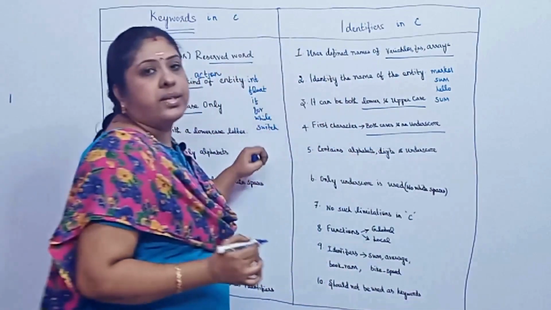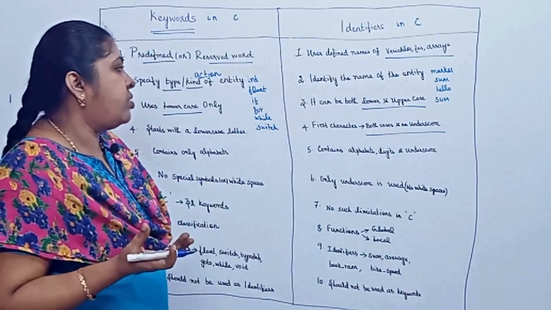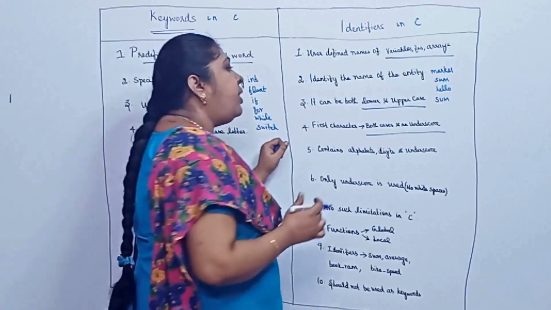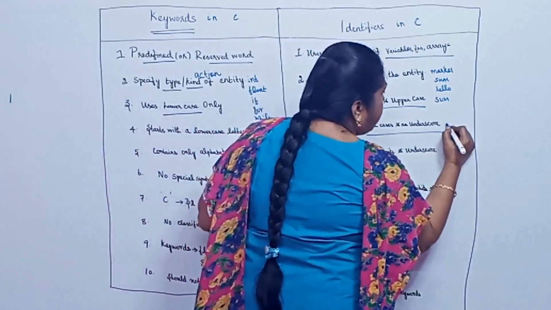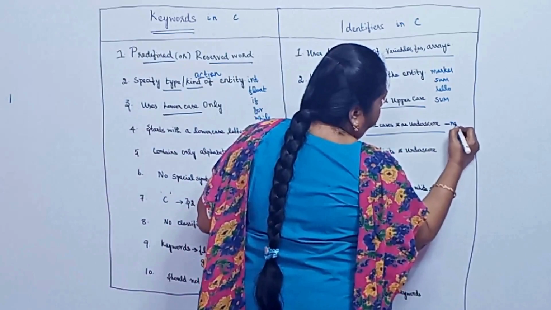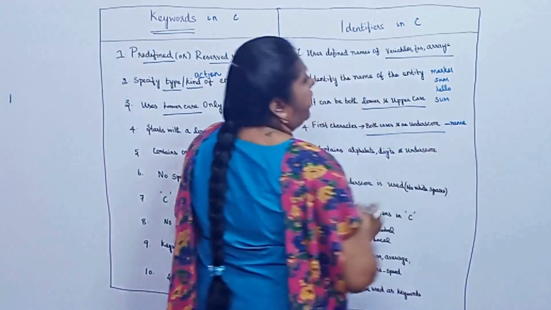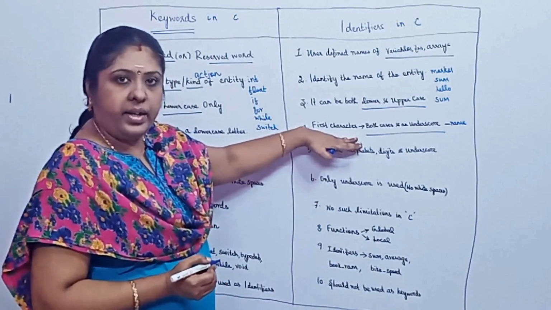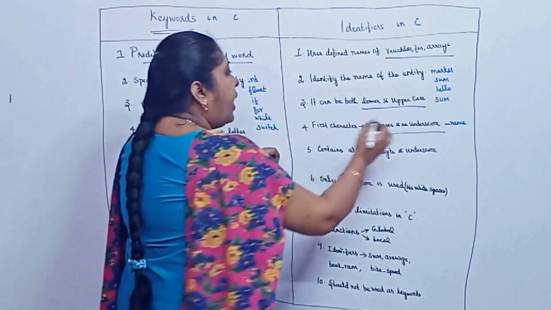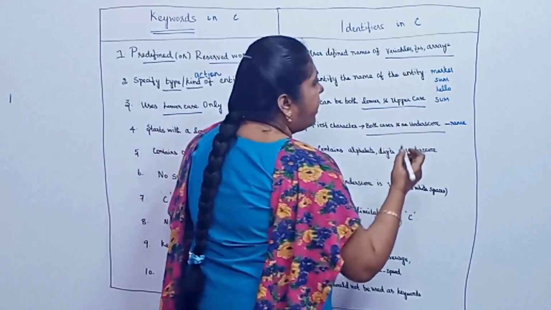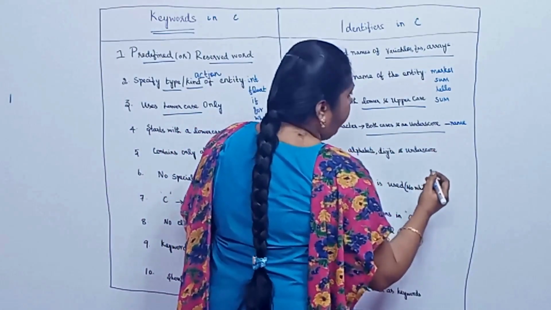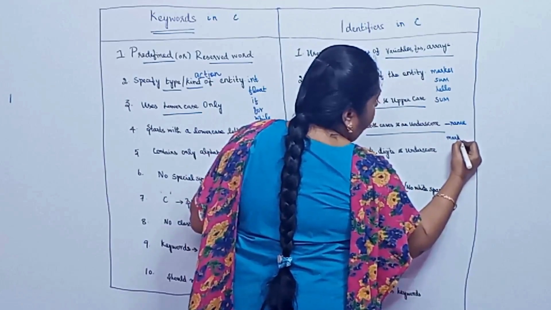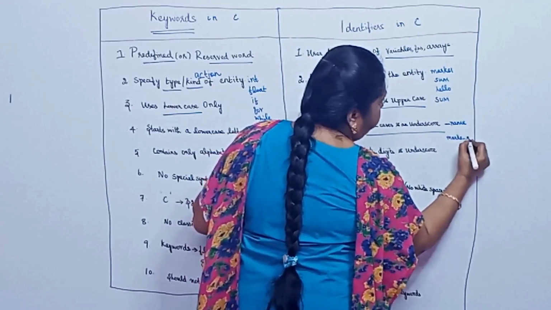That is, uppercase can also be used as well as lowercase, as well as an underscore. Just for example, a variable name, underscore name, it is allowed. Here the underscore can be the first character as well as in the middle, for example, marks underscore M1.